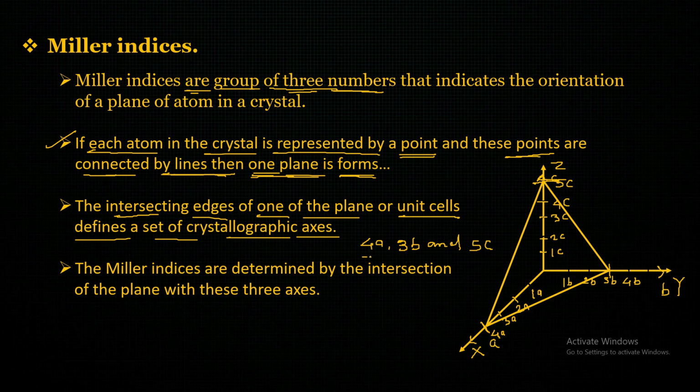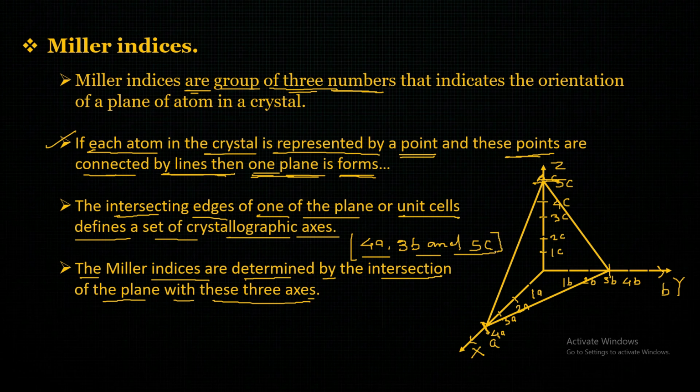This is called the crystallographic axis, right? Then the Miller indices are determined by the intersection of the plane with these three axes. In our case, the plane intersects these three axes at 4a, 3b, and 5c.